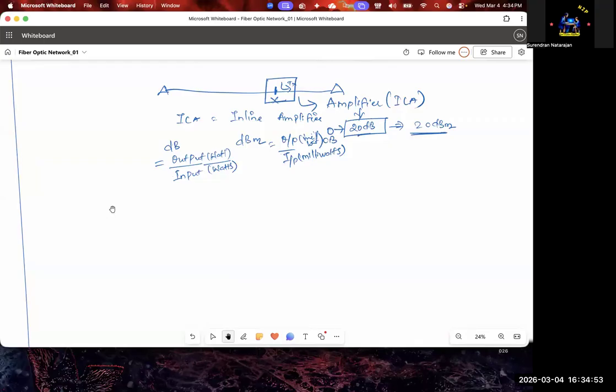So now the formula becomes Tx power equal to Rx sensitivity plus total loss plus maintenance margin.